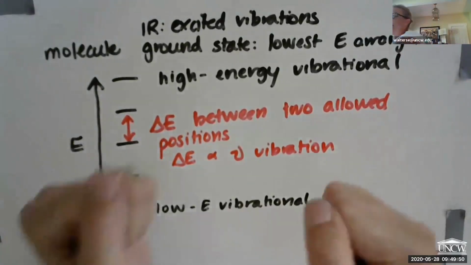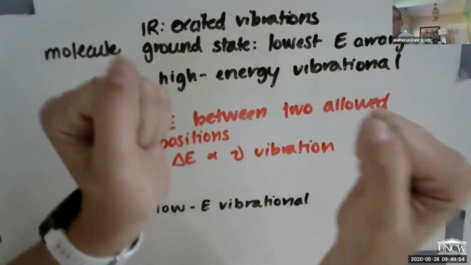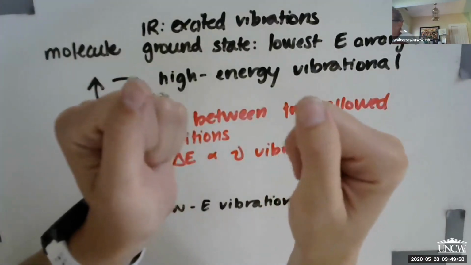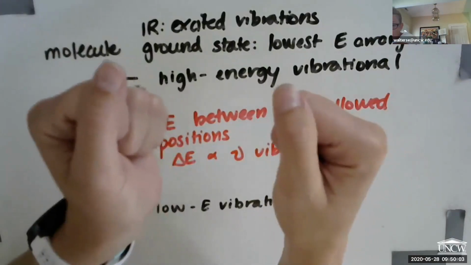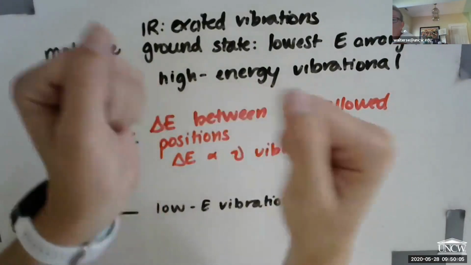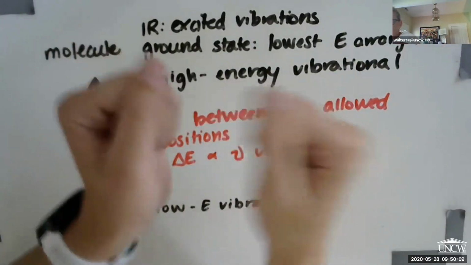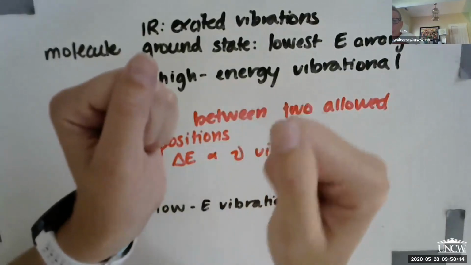So if my hands are the bond, bonds will vibrate. How they vibrate is going to depend on whether they're double bonded or single bonded or triple bonded together. So a carbon-carbon single bond is going to vibrate slower than a carbon-carbon triple bond. It'll also depend on the weight of the objects.